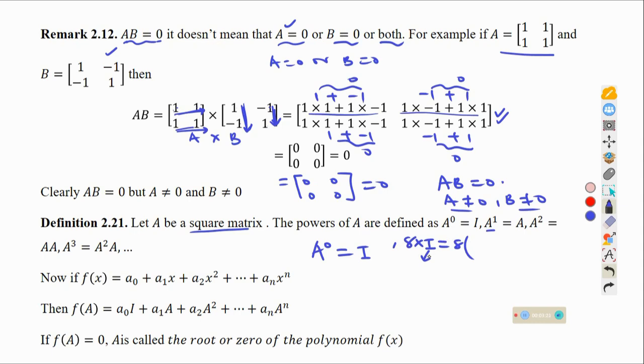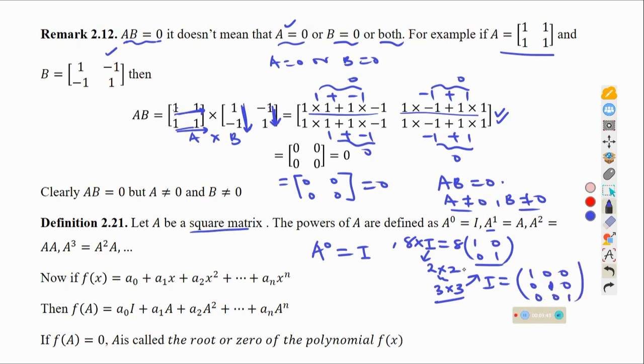So if A is a 2 by 2 matrix, then you expect your identity matrix or unit matrix to be like 1, 0, 0, 1. If you are talking about A, which is a 3 by 3, then remember that I will be a 3 by 3 matrix: 1, 0, 0, 0, 1, 0, 0, 0, 1.